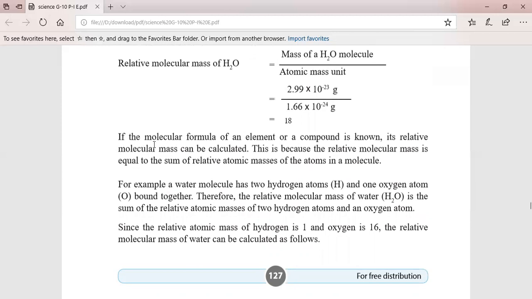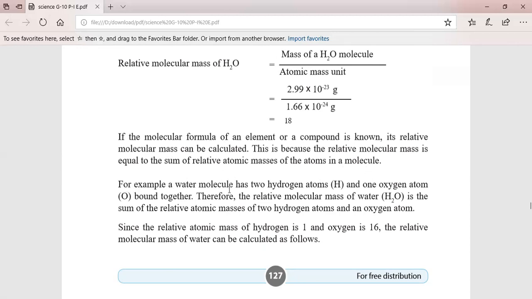If the molecular formula of an element or compound is known, the relative molecular mass can be calculated. This is because the relative molecular mass is equal to the sum of the relative atomic masses of the atoms in the molecule.